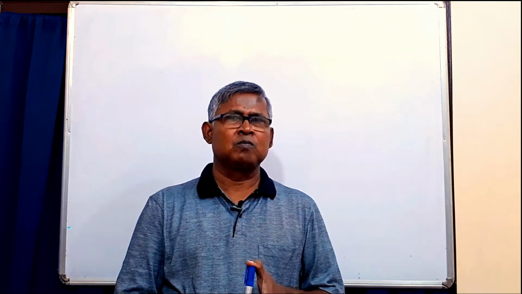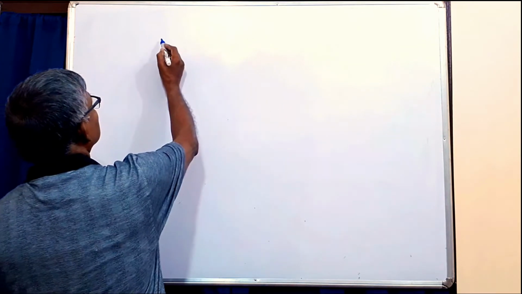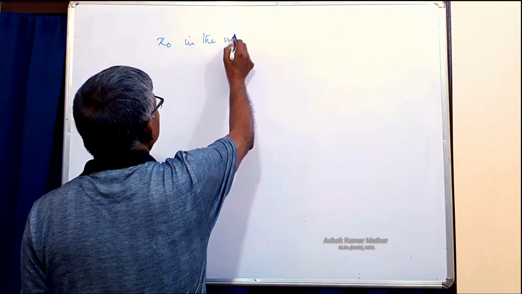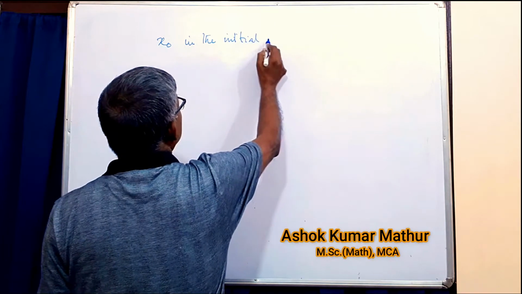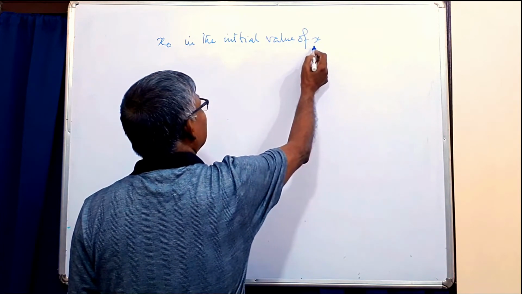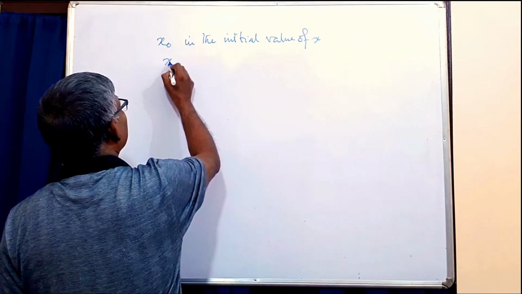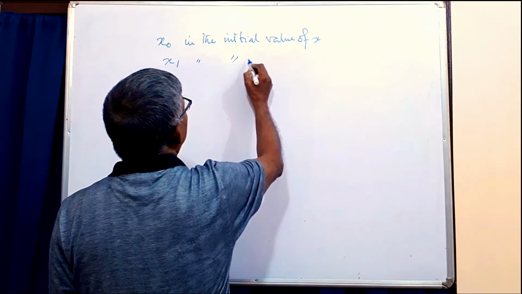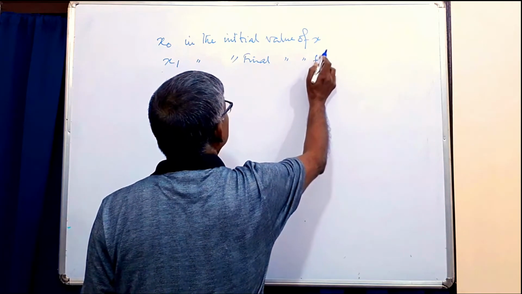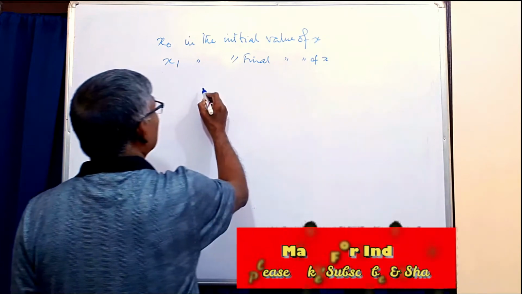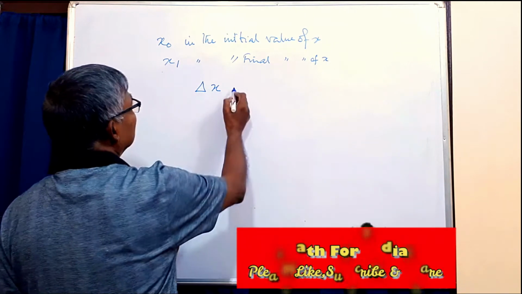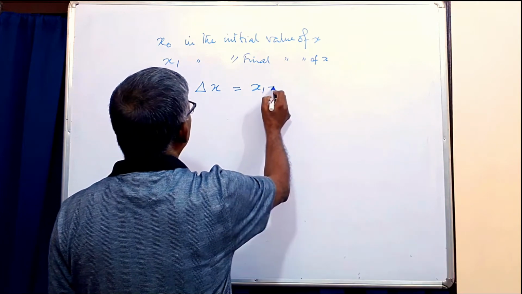Suppose x0 is the initial value of the independent variable x, and x1 is the final value. So this change we may write as delta x equal to x1 minus x0.